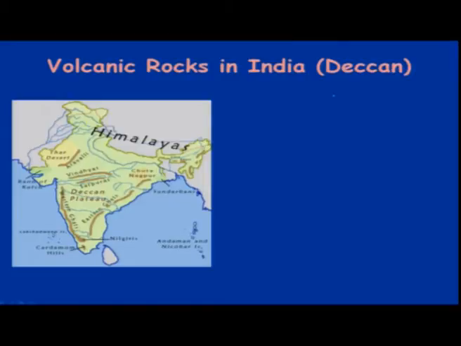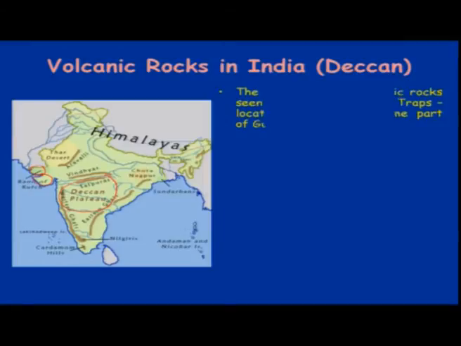A large area of the Indian subcontinent is occupied by the Deccan Plateau, which is comprised of volcanic rocks. We even have a few in the Kutch region also, and in this region also we have a lot of volcanic rocks.